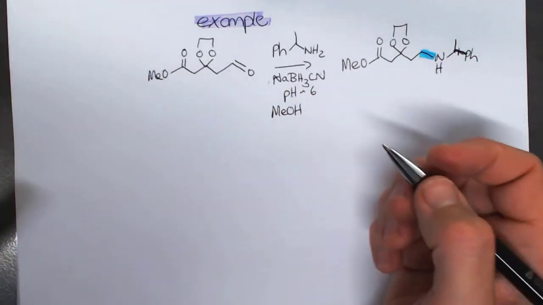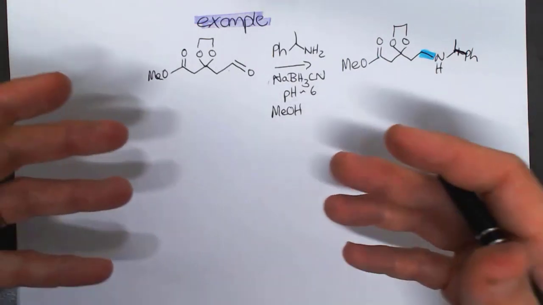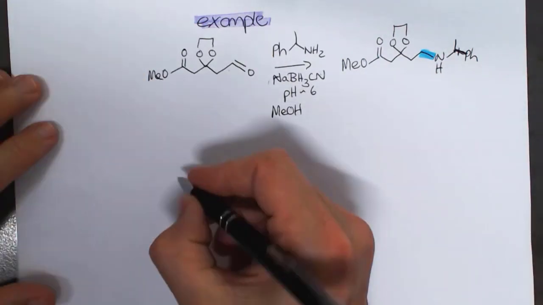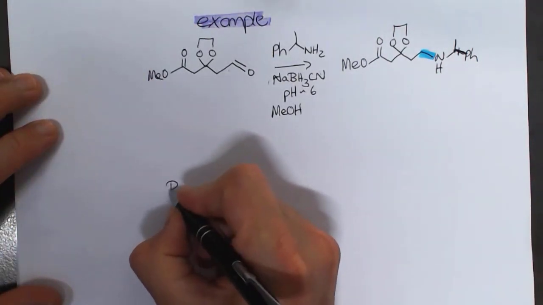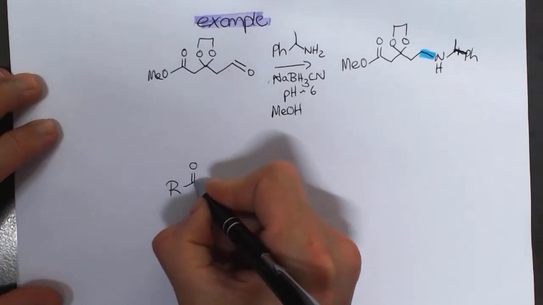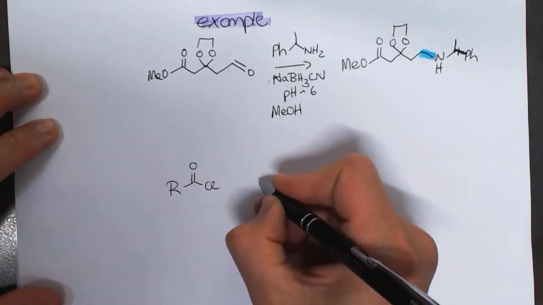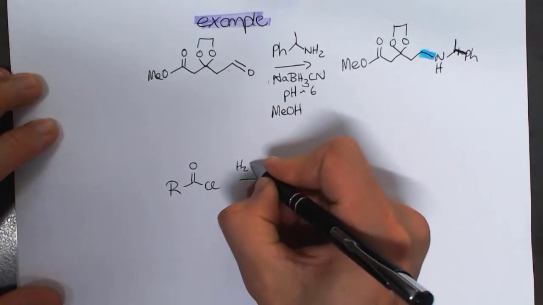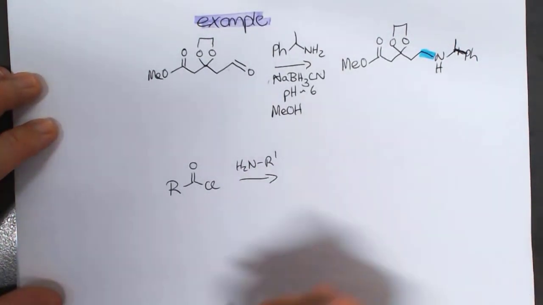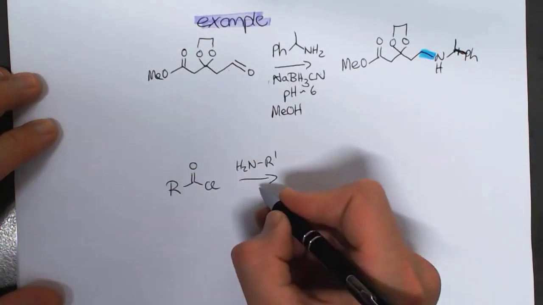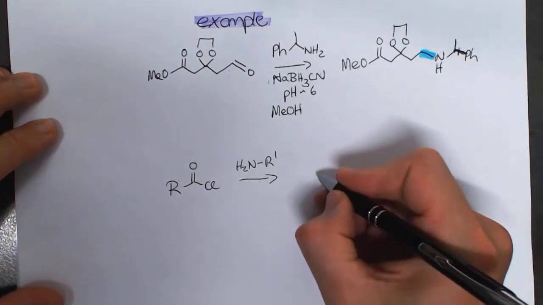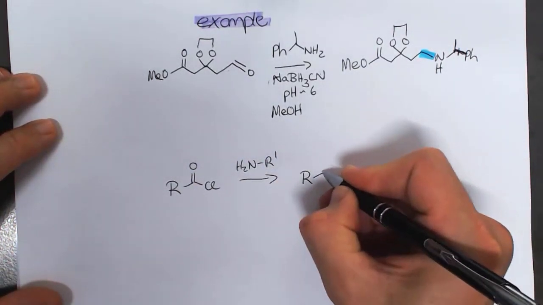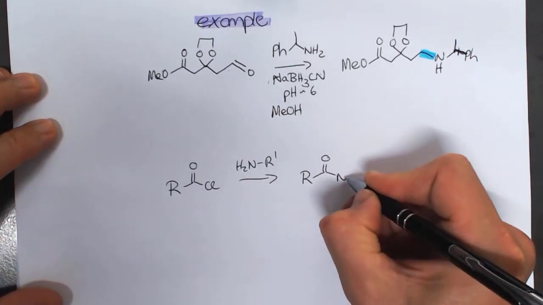But just to show you that there are other ways that we can do this type of reaction, there's a two-step process where you could, for instance, take an acid chloride, and if you reacted that with an amine, again, we'll just use a primary amine, this is R prime, you would get an amide being formed. So that's this.